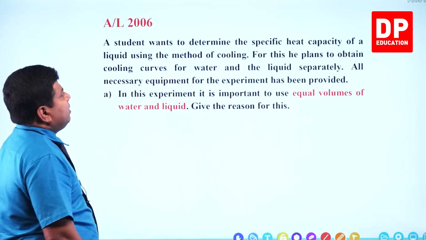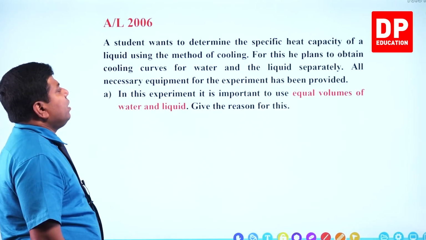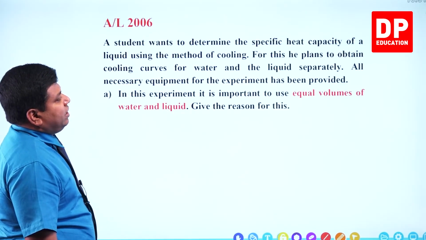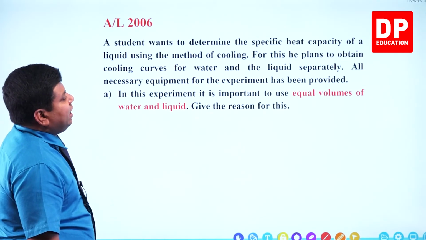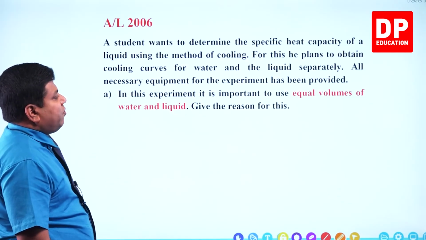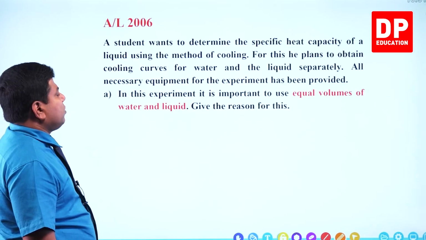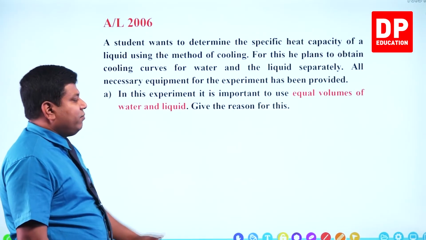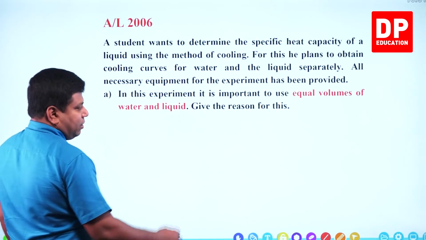Now 2006, a student wants to determine the specific heat capacity of a liquid using the method of cooling. For this, he plans to obtain cooling curves for water and the liquid separately. All necessary equipment for the experiment has been provided. In this experiment, it is important to use equal volumes of water and liquid. Give the reason for this. In all three equations, they have asked it. What's the reason?